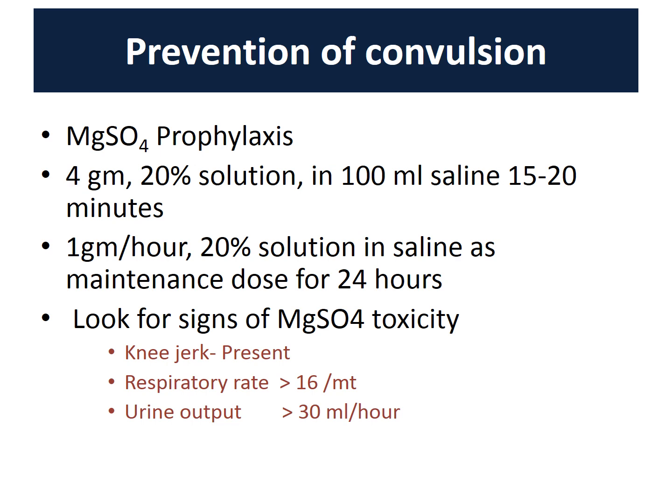Look at the respiratory rate; it should be more than 16 per minute, and the urine output should be greater than 30 ml per hour. If the knee jerk is absent or the respiratory rate is less than 16 per minute or the urine output is less than 30 ml per hour, you have to withhold magnesium sulfate.